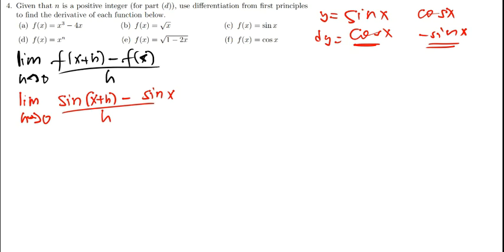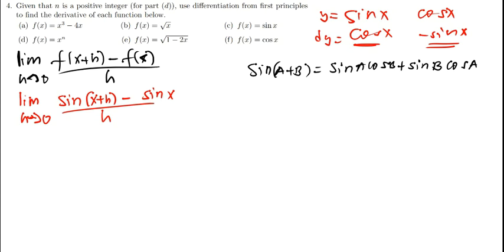Now here, there are some formulas. When we go back to trig, there are some formulas which we need to know, guys, which I believe you know. If I have sine of a plus b, this is going to be equal to sine a cos b plus sine b cos a.